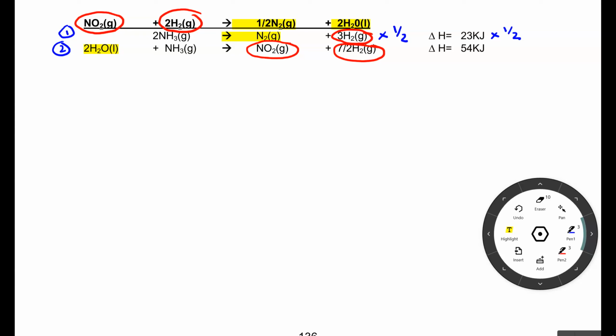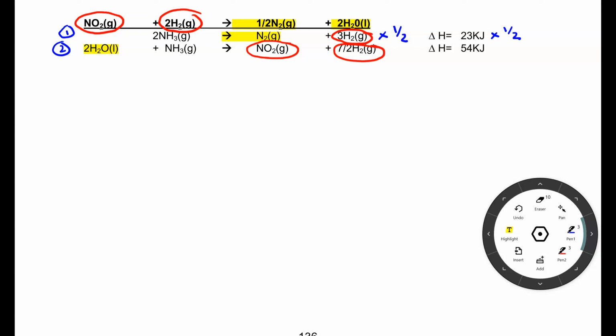Next up, I want to come up with my strategy for equation number 2. For equation number 2, I've got water, I've got nitrogen dioxide, and I have the hydrogen. The question here is what do I use for my strategy? Because I've got 3 different substances from the target equation in equation number 2.